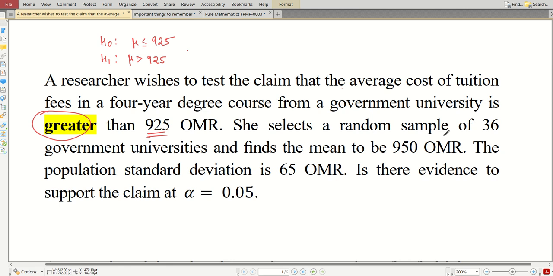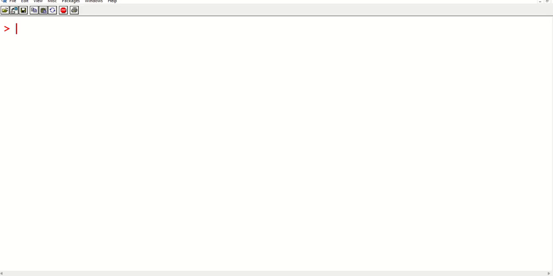She selects a random sample of 36. So n is 36, from a government university, and finds the mean 950. So 950 is the sample mean, x bar. The population standard deviation is given, so this is the value of sigma, and this is the value of alpha. Clear. So first we'll write the value of mu.